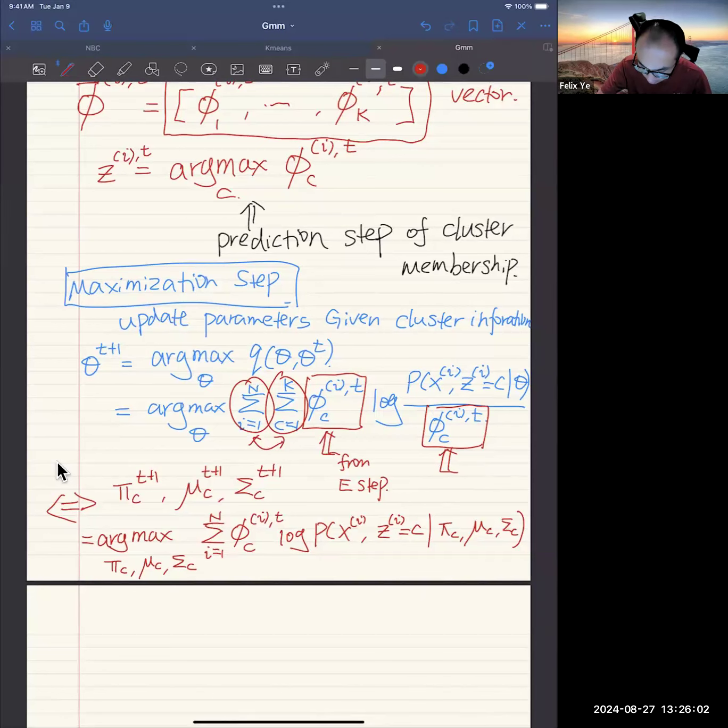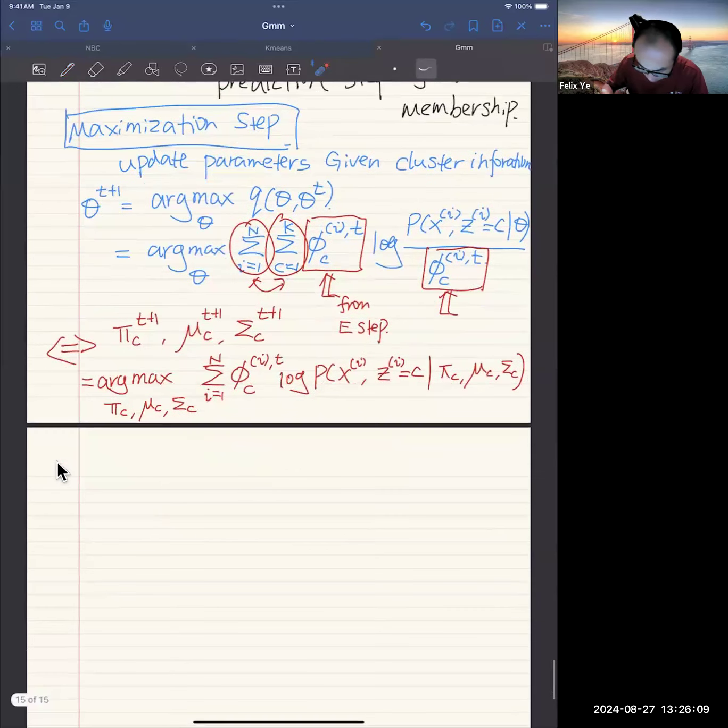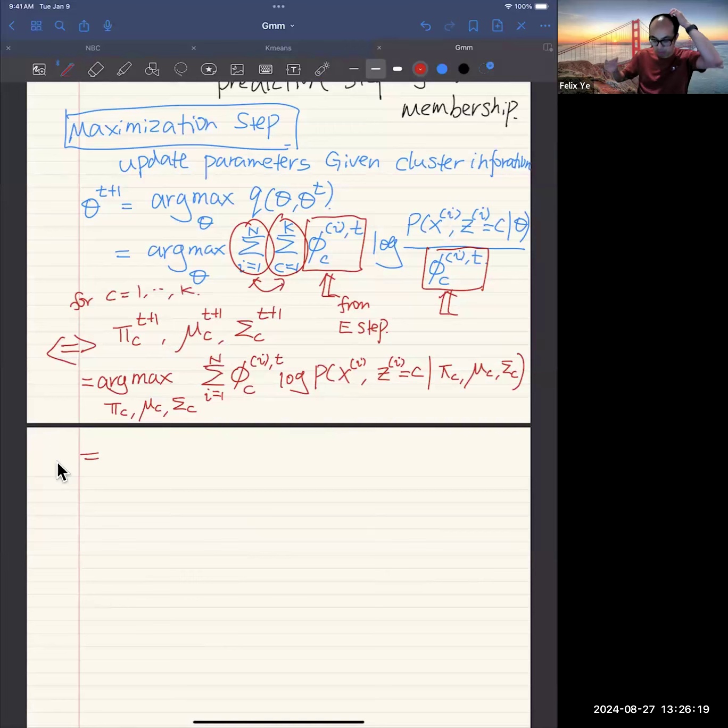And right here, this is the joint distribution. For this joint distribution, we can calculate these terms explicitly, for c equal to 1 to k, right? Once we switch the order of the summations, this maximization can be performed for each individual c and for each individual cluster.